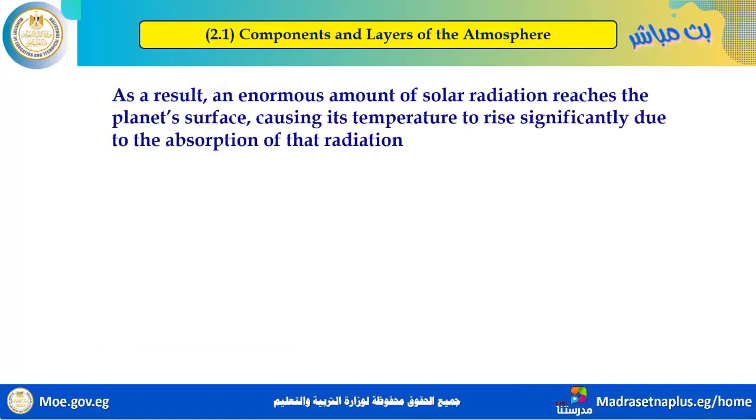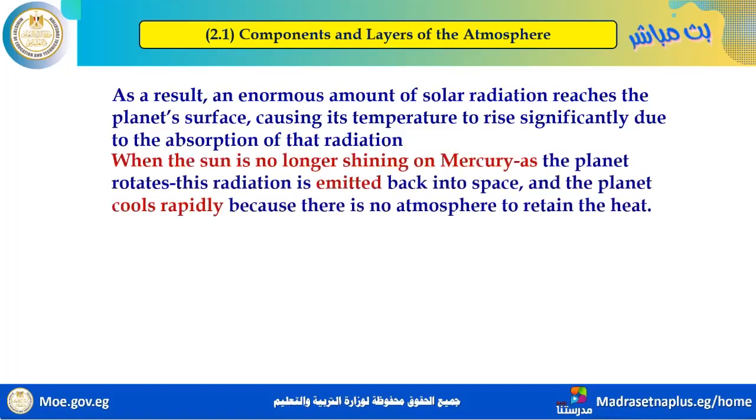As a result of an enormous amount of solar radiation reaching Mercury, the temperature rises significantly due to absorption of this radiation. When the sun is no longer shining on Mercury as the planet rotates, this radiation is emitted back into space again.